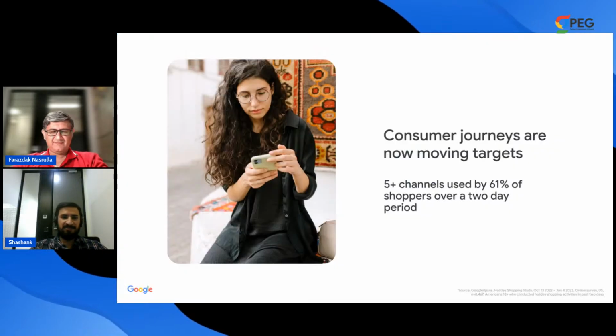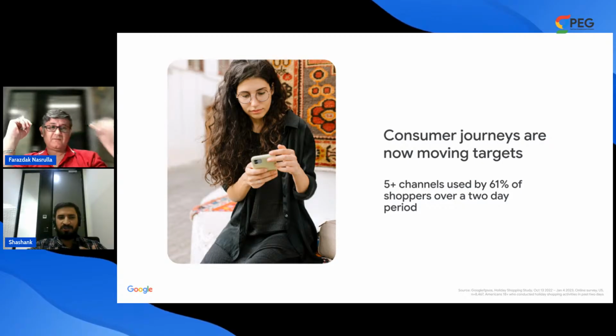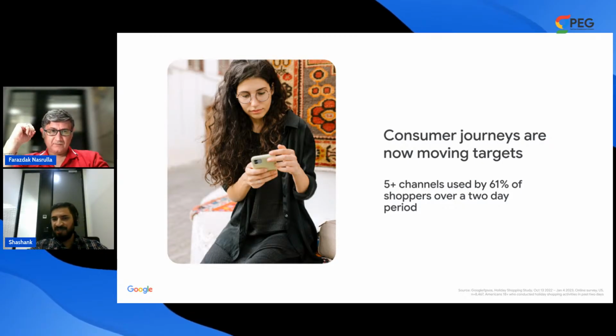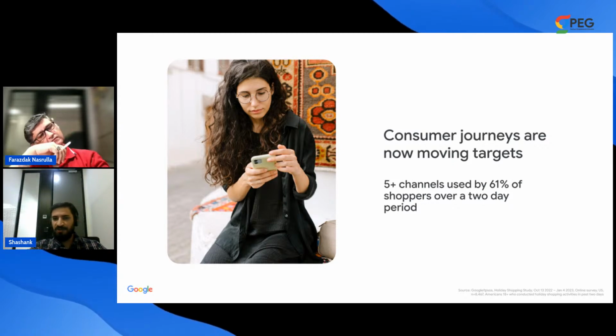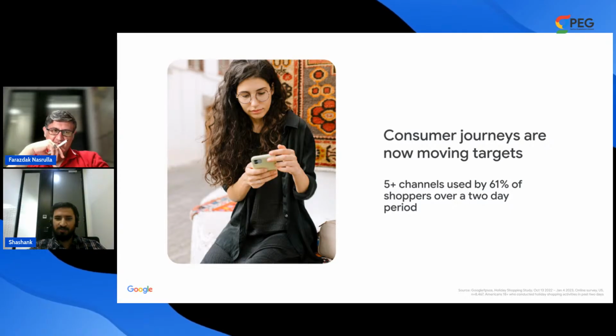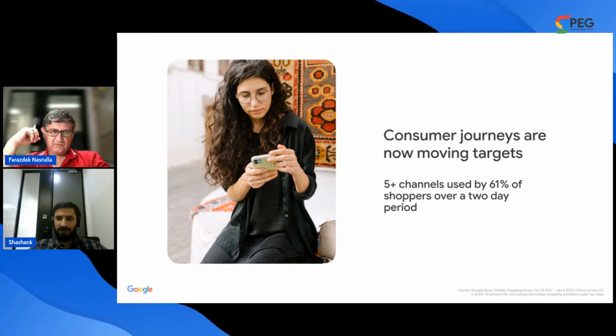So, Performance Max overview. Firstly, based on some of our previous surveys, we have observed that consumer journeys are now moving targets, meaning people are surfing through different channels on a day-to-day basis. In one of our research studies, we identified that more than 61% of users hovered over 5+ channels in just 2 days.